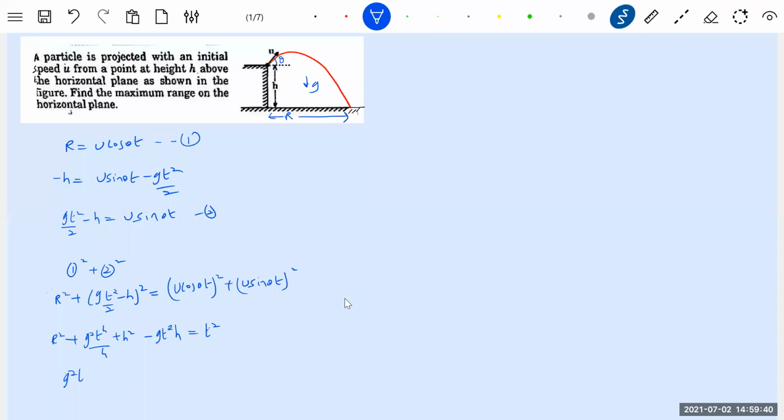So this will become g square t to the power of 4 by 4 minus t square plus r square t square. Sir, there is u square also, sir. Yeah, fine. Something u square I missed, no? Yeah, u square t square. Yeah, thank you.